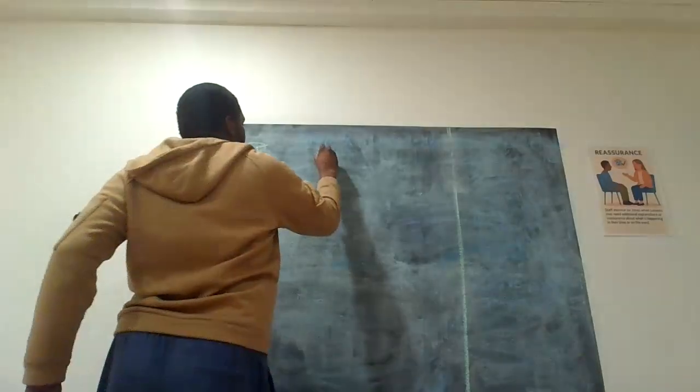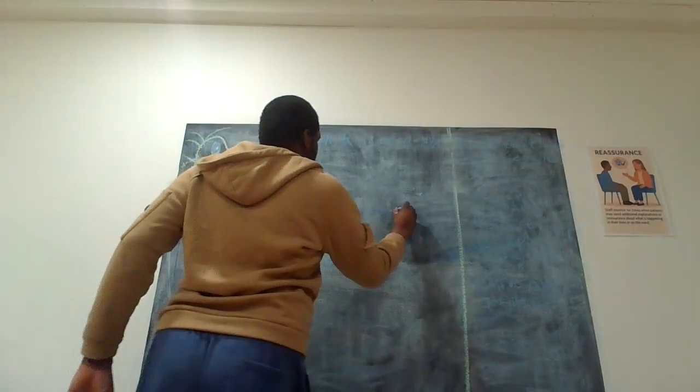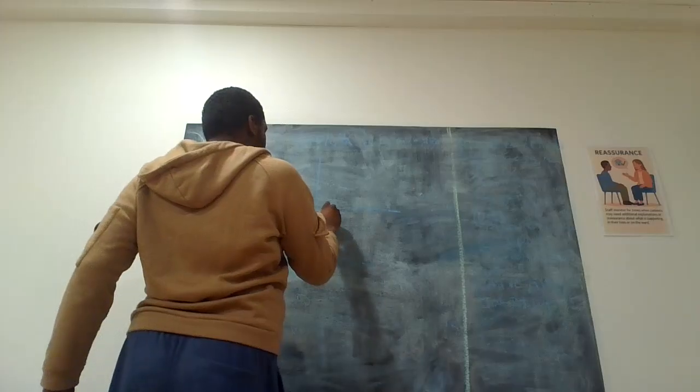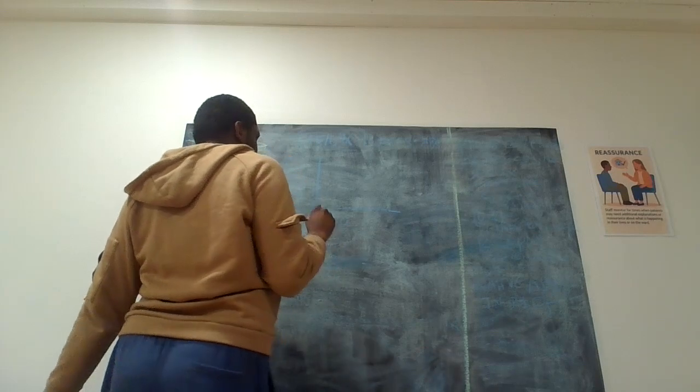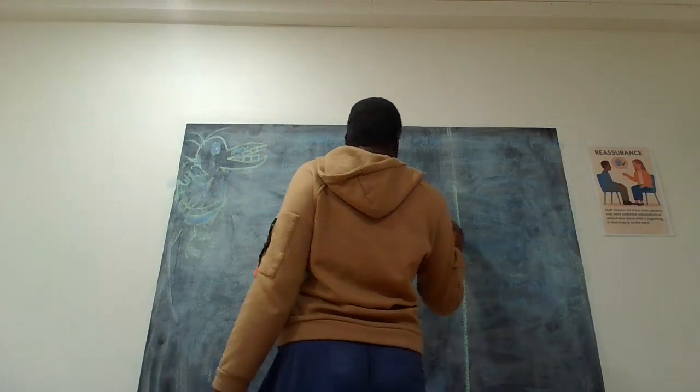You have an axis of 0, 0, 0, and you can also have 1, 1, 1, 2, 2, 2.